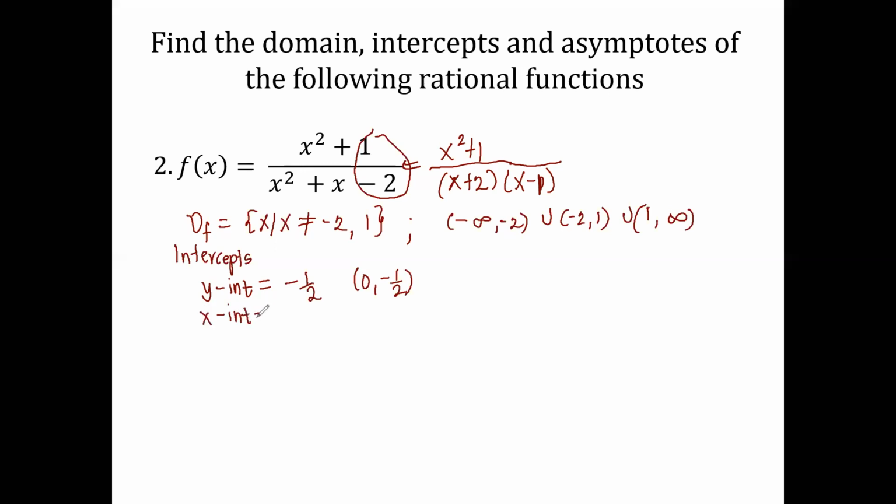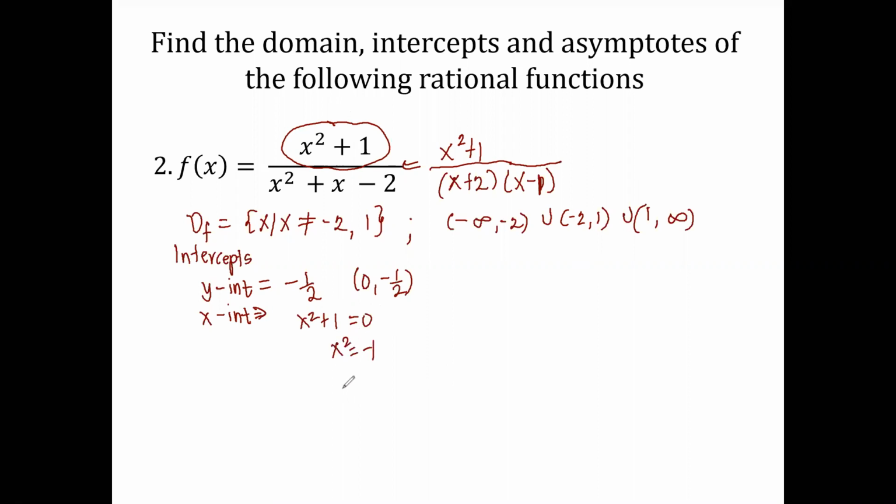X-intercept, equating the numerator to 0. So this time, that's x squared plus 1. If we equate the numerator to 0, what will happen? That becomes x squared plus 1 equals 0, x squared equals negative 1.